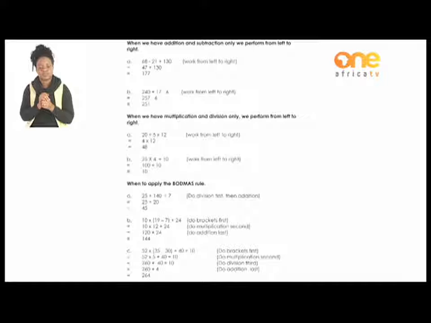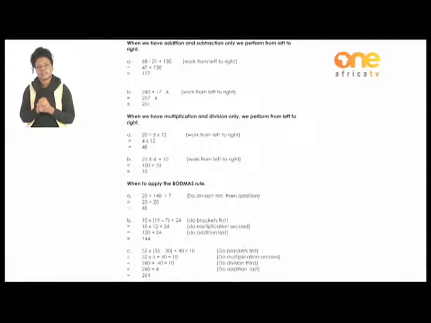We see the division is first, so we do that first. 20 divided by 5 equals 4. And then we times 12. 4 times 12 equals 48.